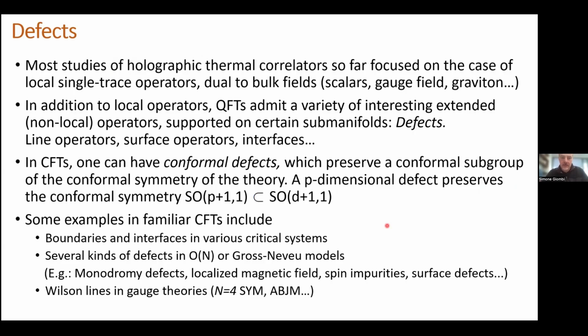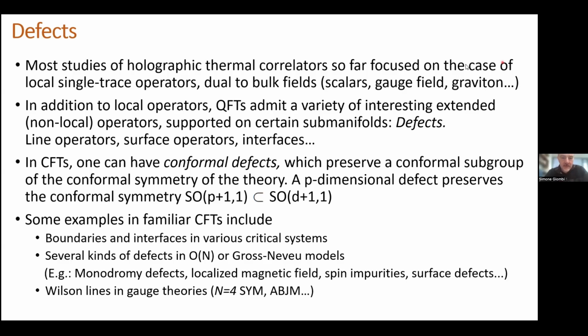And most studies of holographic correlators so far focused on the usual case of local single trace operators, which are dual to bulk fields like scalars, gauge fields, and graviton. But in QFTs and in CFTs, in addition to local operators, there are a variety of interesting non-local objects, which we may call generally defects, like line operators, surfaces, interfaces, and so on.